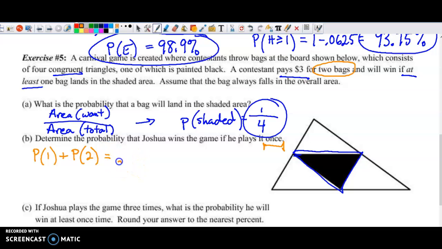So that would be 2 throws, combination 1. The probability of a success is 1/4, and the probability of the failure is 3/4. But then you add to it getting both on the board. So that would be 1/4 to the 2nd power, and then 3/4 to the 0 power. But hopefully we've done enough that you've noticed some of these things are just 1, and it'll save you some time.